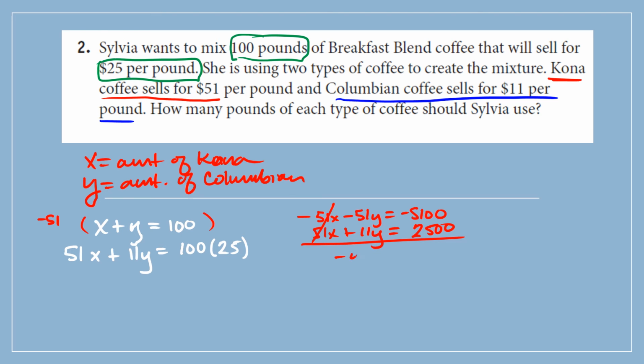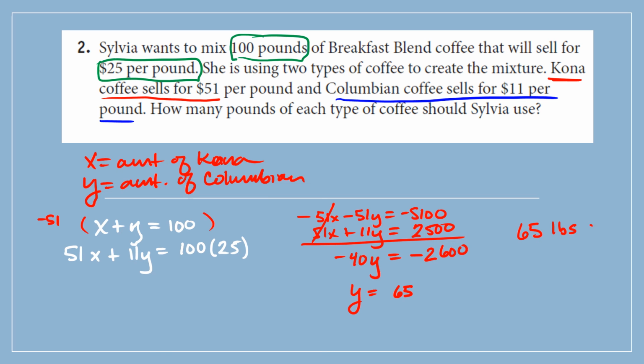I will get negative 40y equals negative 2600. And then I'm going to divide by negative 40. And then I'm going to get y equals 65.